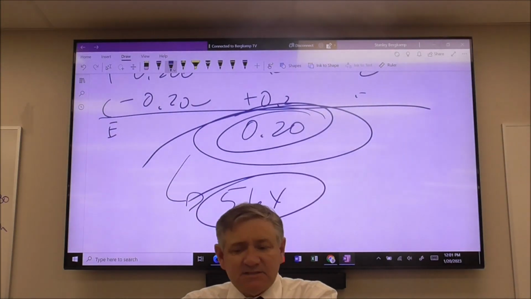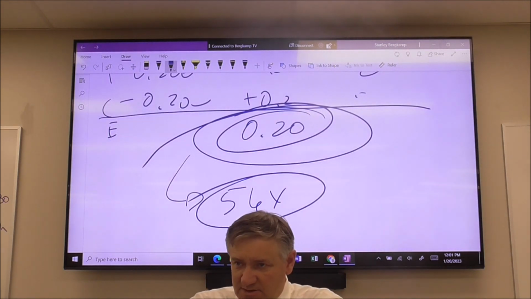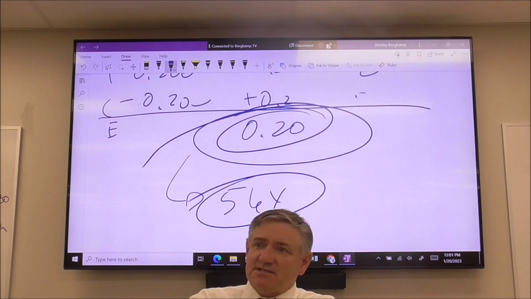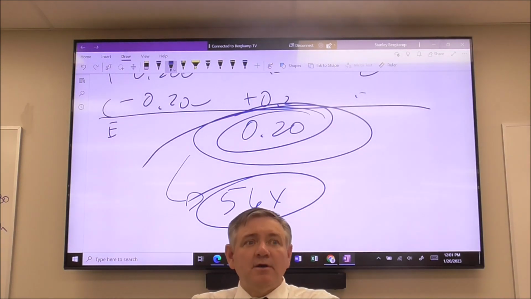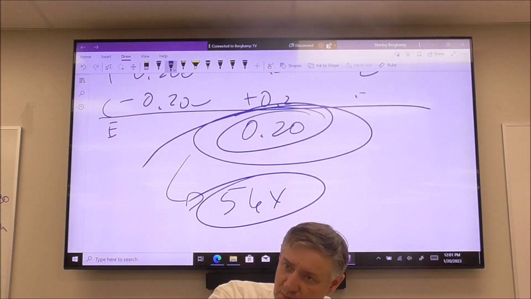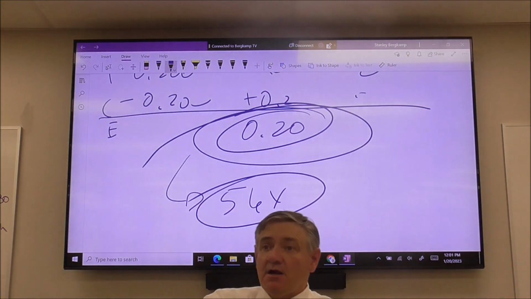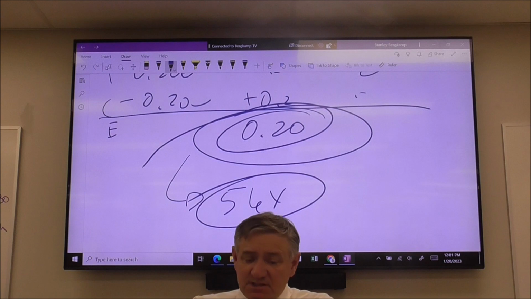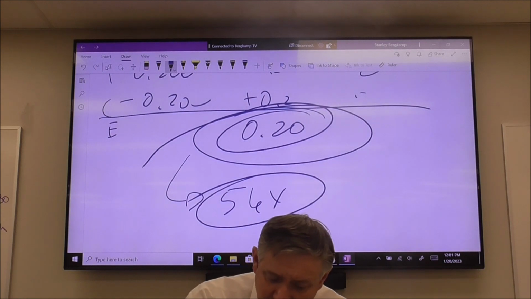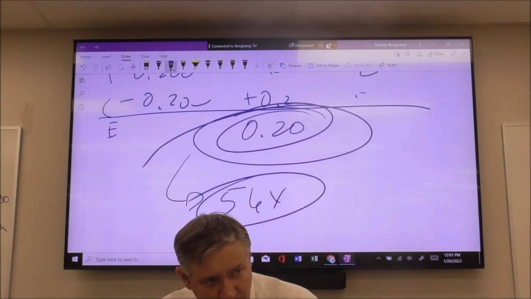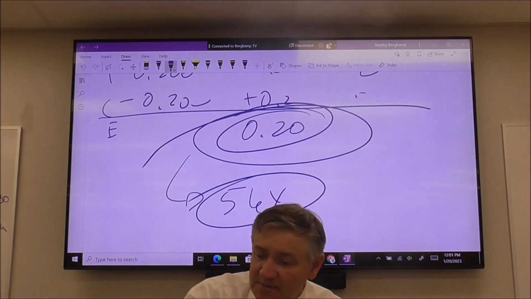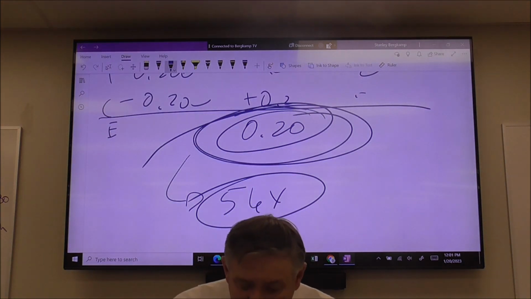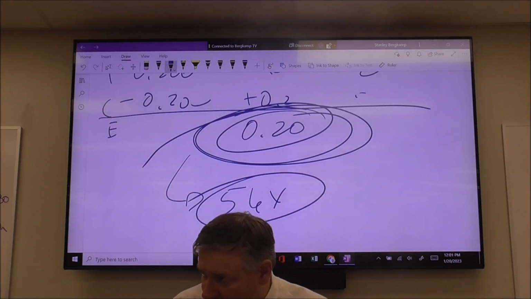So the ionization of the strong acid is about 56 times greater than the ionization of the weak acid. That's what makes the difference. This is why your pH on 2A should be 0.70, because you're taking the negative log of 0.2. Your pH on 1A should be 2.45.